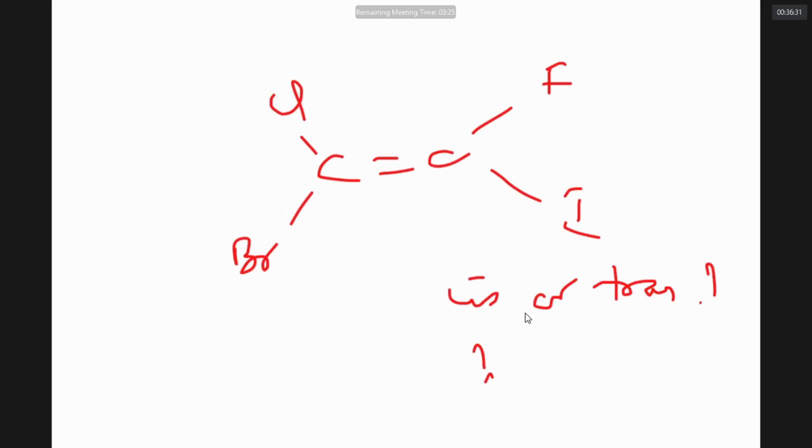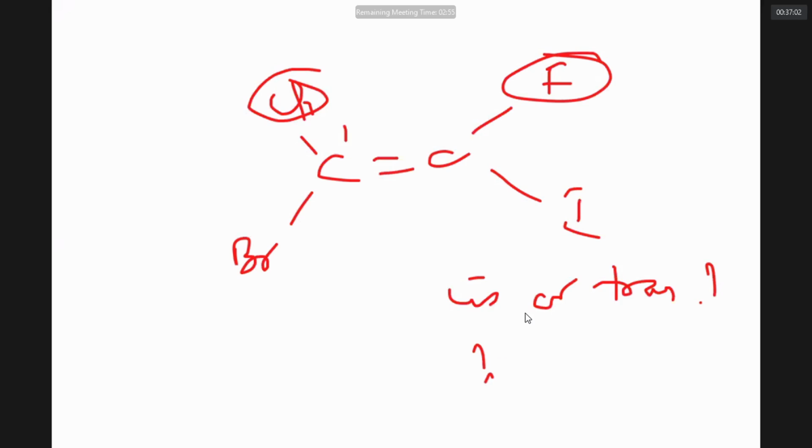To say cis and trans, I say cis isomers have similar groups on the same side. But here nothing is similar. If all substituents linked to C double bond C are different, then I decide the seniority or priority. According to my seniority rule, more atomic number, more priority. Let us take this carbon.